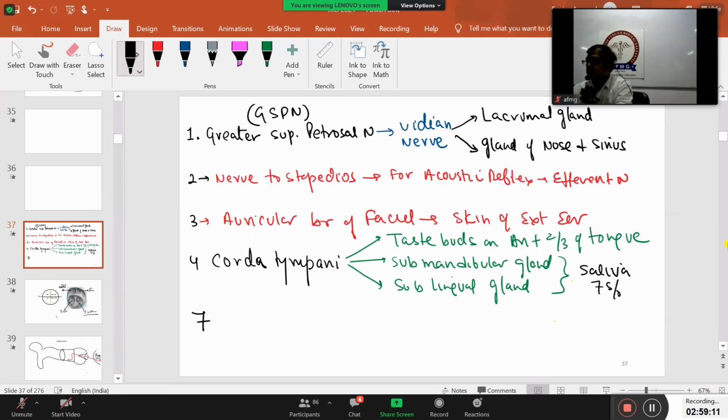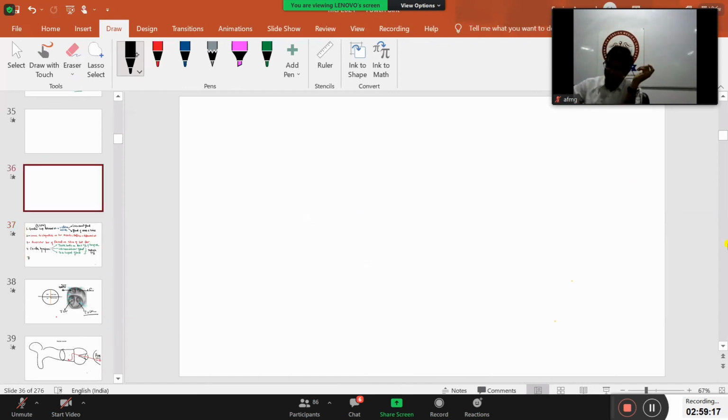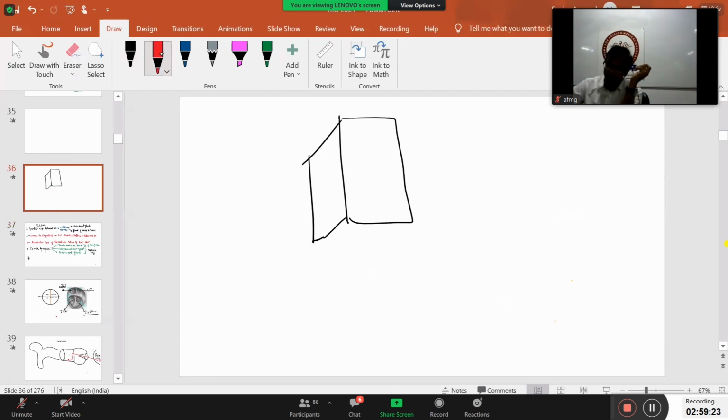And the seventh branch, last branch. I'll come to this, but if I draw this diagram which I've done before, like this, and I draw the facial nerve like this, remember? There's a stylomastoid foramen here, right? It is out of the ear. After it comes out of the ear, where does it go, this nerve? There is a gland here.